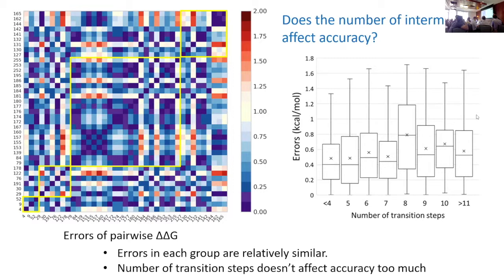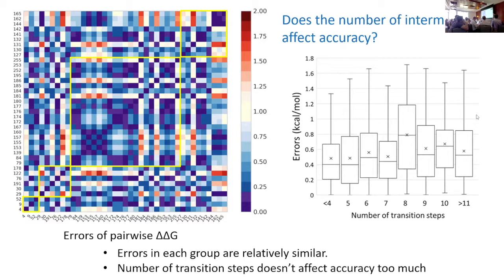This is a good question. I actually don't know, so I did this analysis, looking at the relationship of the number of transition steps with the errors in pairwise delta delta G values.